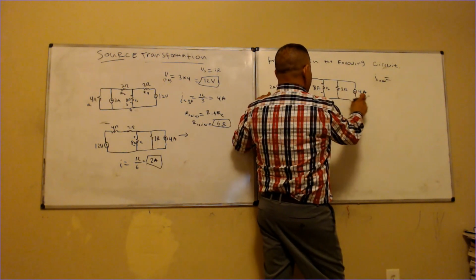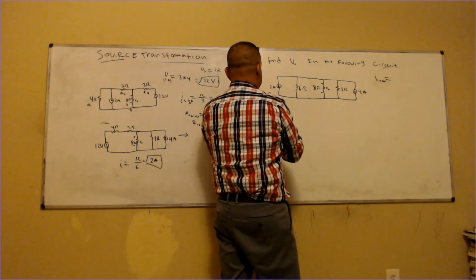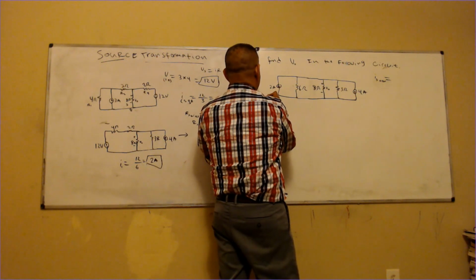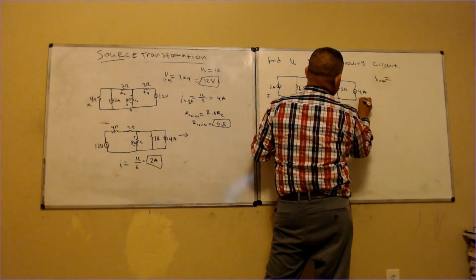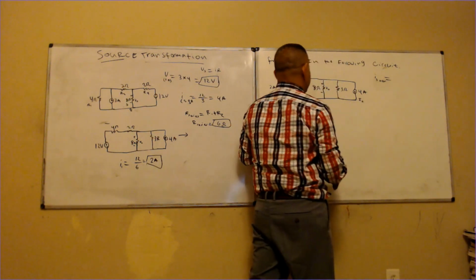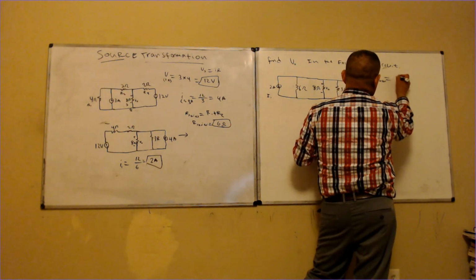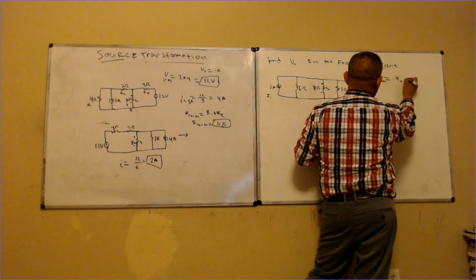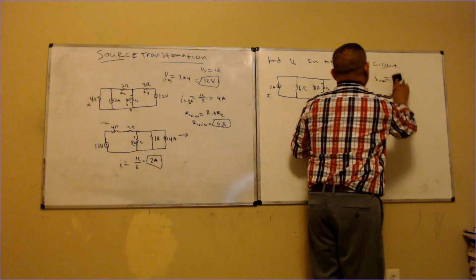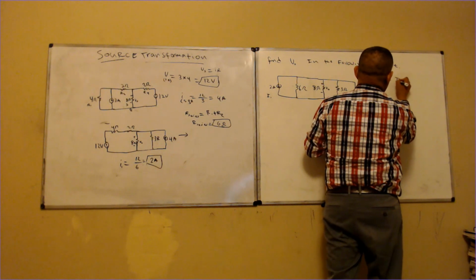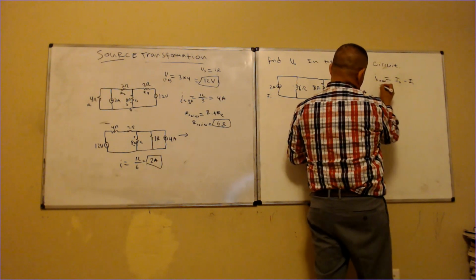That is equal to, you can name this I1, right? You can name this I2, right? And you can say that I new is equal to I2 minus I1, right? So I2 minus I1.